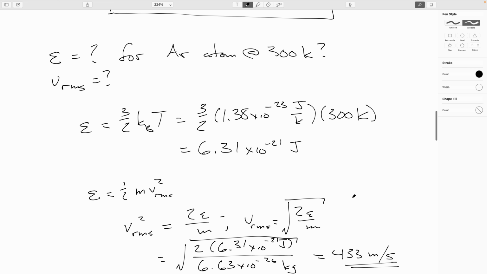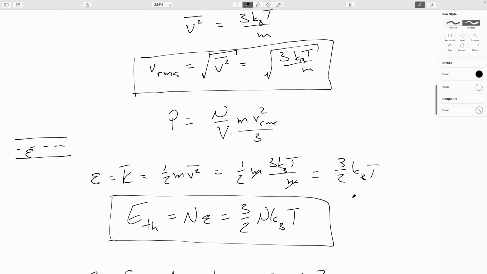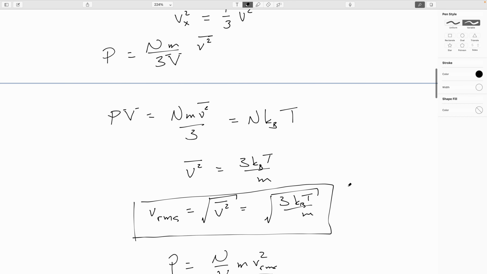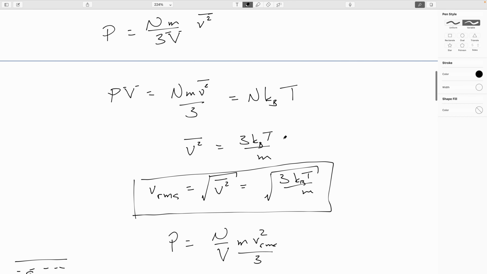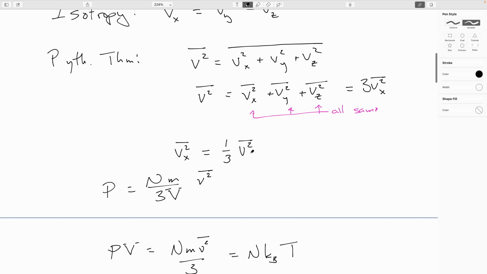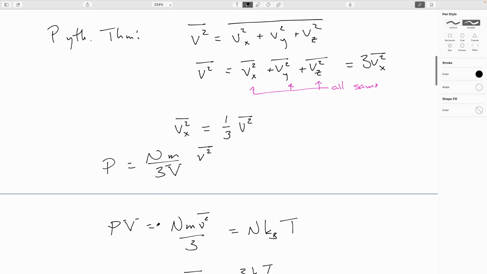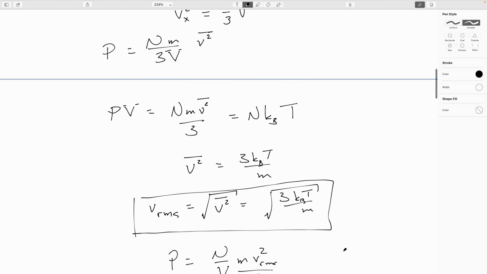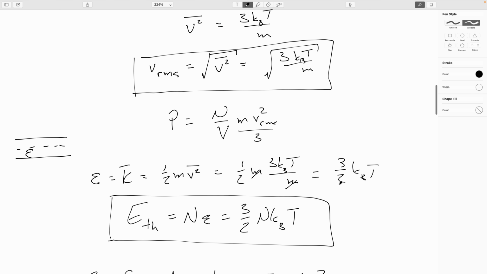Now, I mentioned earlier that Boltzmann had identified that temperature was proportional to the thermal energy, right? What I've been sweeping under the rug is this 3/2 business. So far we have for an ideal gas, that's 3/2 kT.